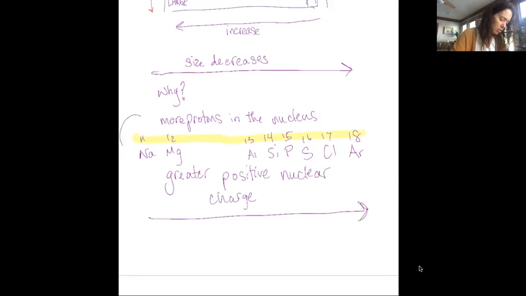All of this kind of goes together. So that's the first part of why, because as we move across the period, our nucleus gets more and more positively charged, okay?